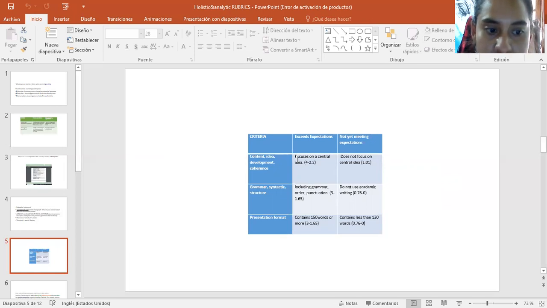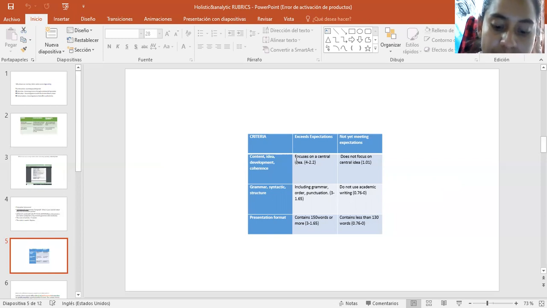For example, to know if the students have development and coherence to write the paragraph or the written work. And another criterion could be if the students have good grammar structure in this writing work.